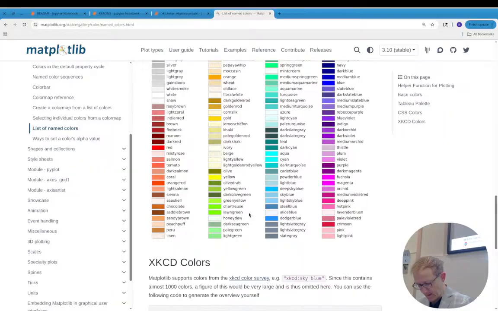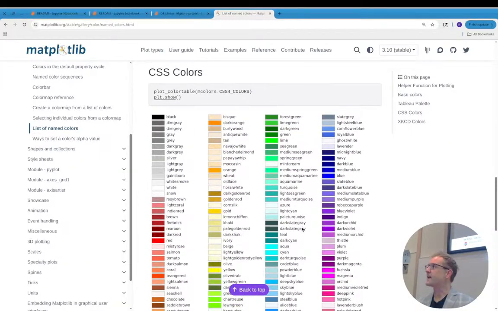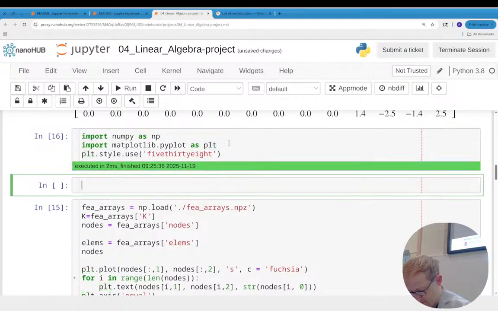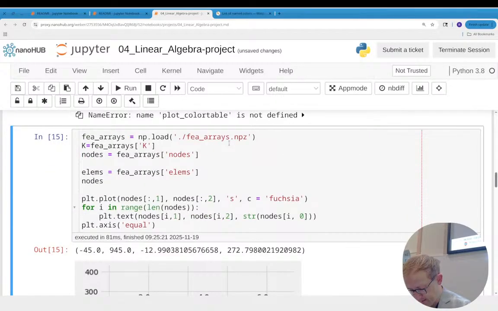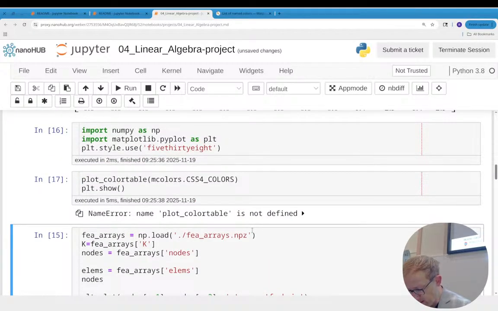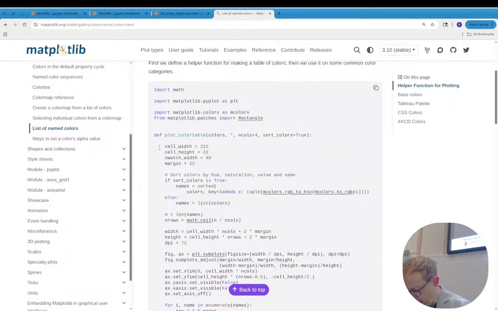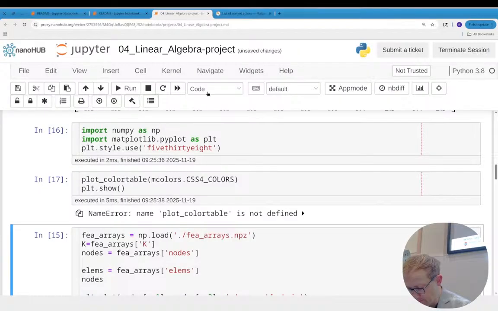So if you want a list of how many different colors you can have, we could just grab this and dump it in here. Oh, color table not defined. Oh, I see. So I'm gonna grab this whole thing.